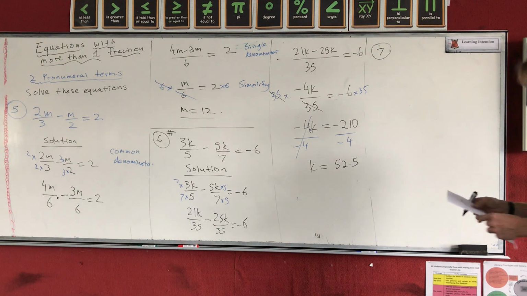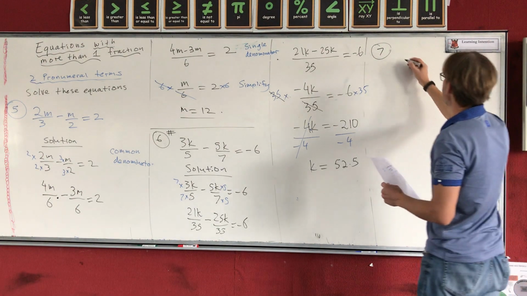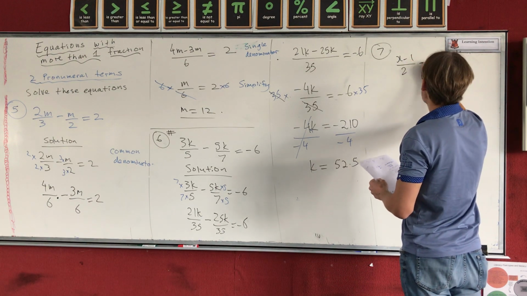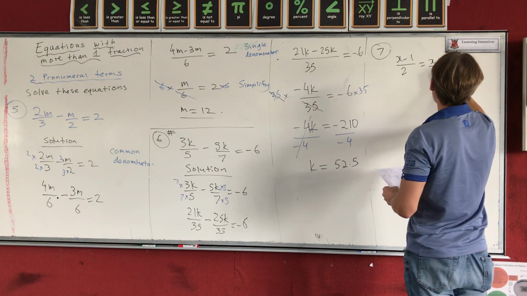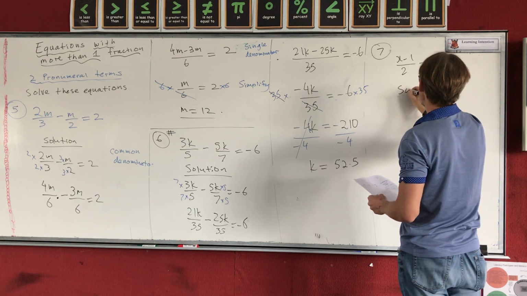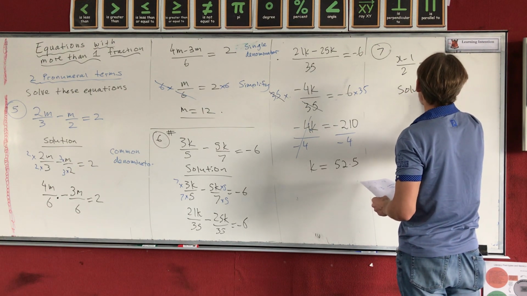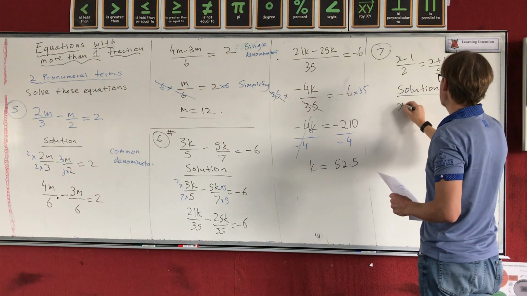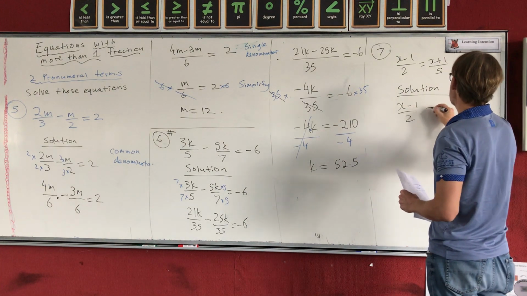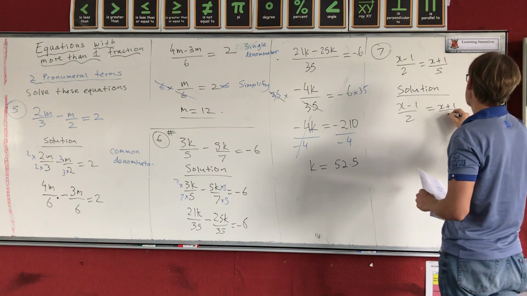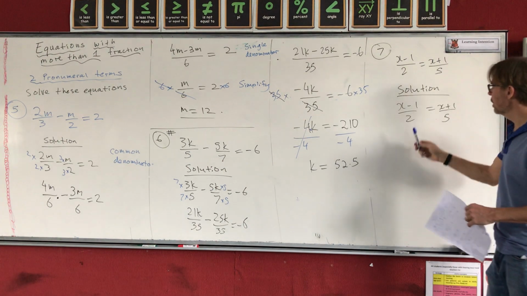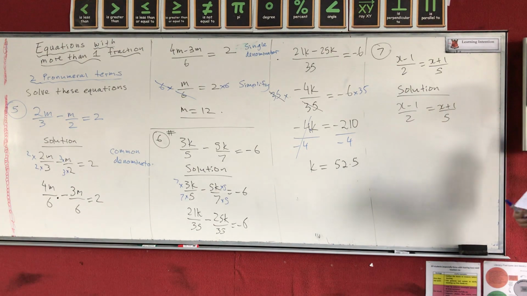Alright, so next question is x minus 1 over 2 equals x plus 1 on 5. Solution. Okay, so for the solution, I want you to write the question down again so you don't muck up the original problem. Now, for this question, we have a fraction on one side, a fraction on the other.